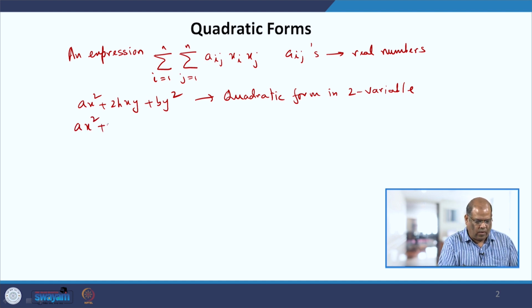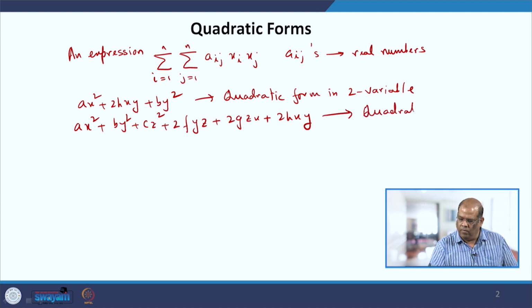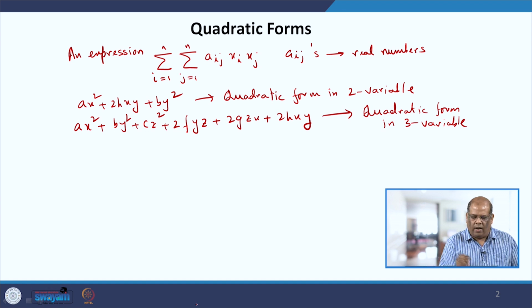Similarly, ax square plus by square plus cz square plus 2fyz plus 2gxz plus 2hxy is a quadratic form in three variables. I can put numerics for these, so I can write say 4x square plus 5xy plus 9y square. This is a quadratic form of two variables.